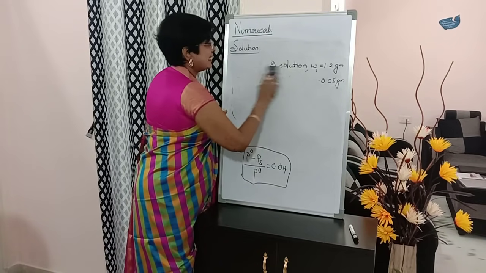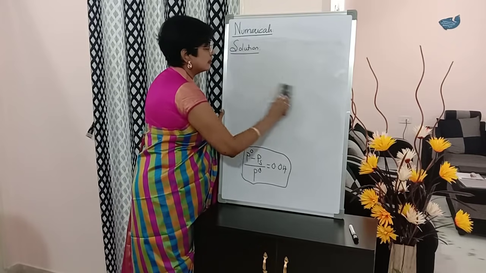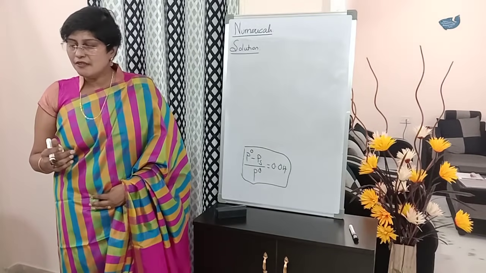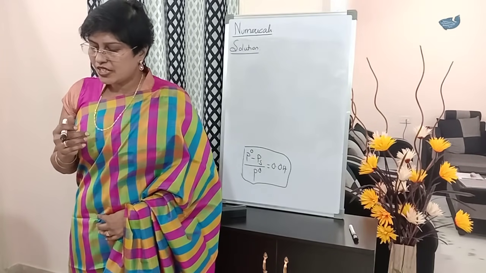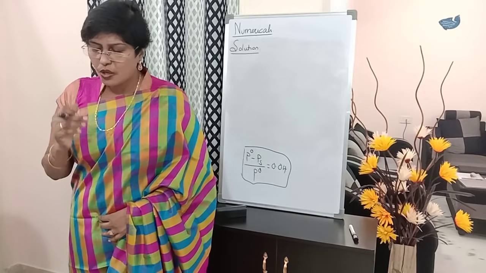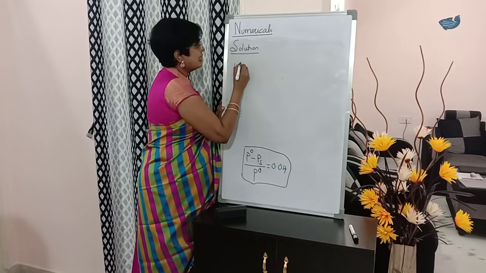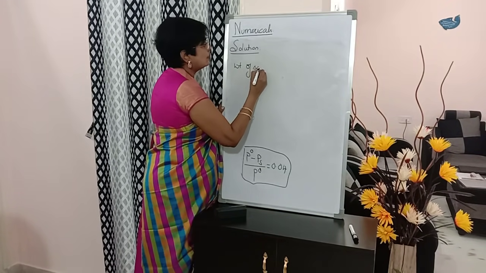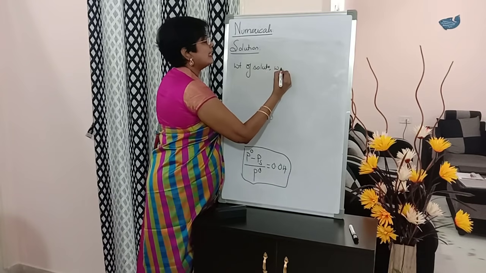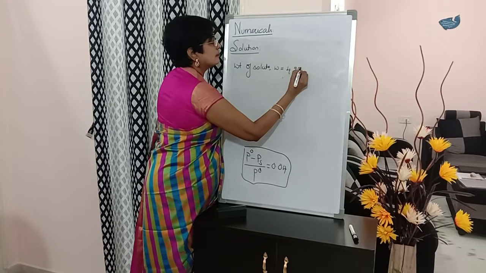Now, look at the first sentence in the problem. From the first sentence, what are the values given to us? A stream of dry air is passed through a solution containing 4 grams of solute. So this 4 grams of solute means weight of solute, denoted by small w. How much is it, students? 4 grams.